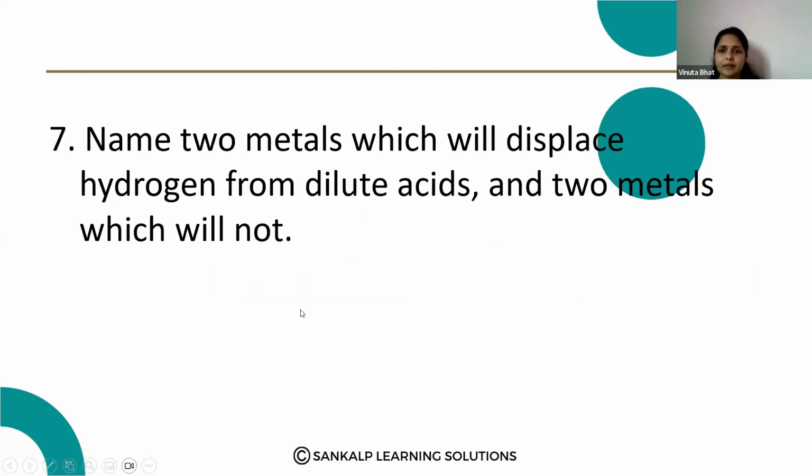Next question. Name two metals which will displace hydrogen from dilute acids and two metals which will not.